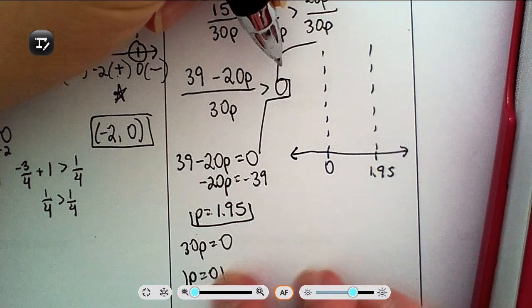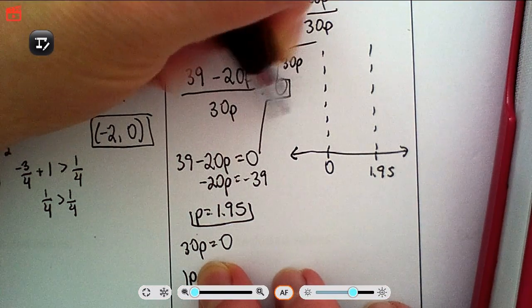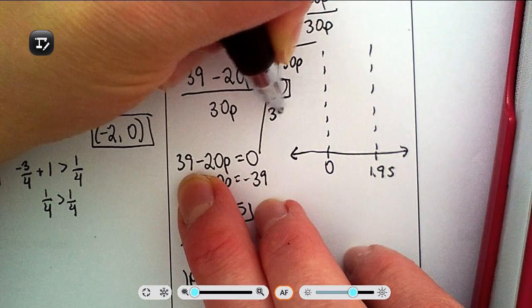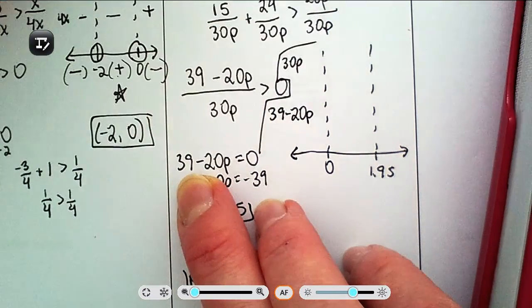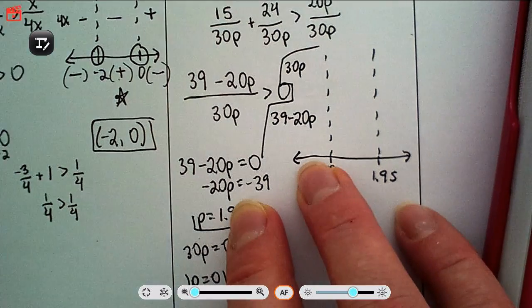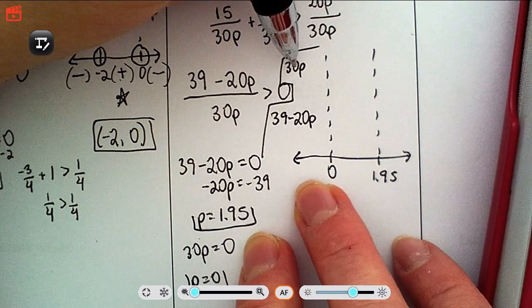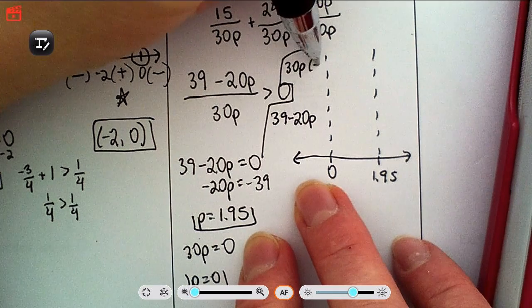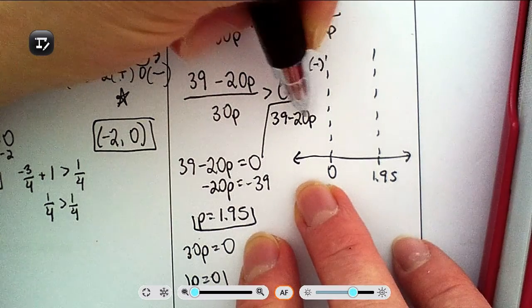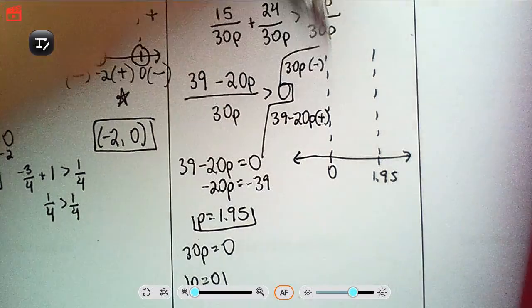Okay, over here I'm just going to put 30p, and over here where I have more space, I'll put 39 minus 20p. Okay, so with that then, we're going to substitute in like negative 1. 30 times negative 1 is negative 30, so it's going to be a negative there. And negative 1 times negative 20 will be positive 20, so this will be a positive.